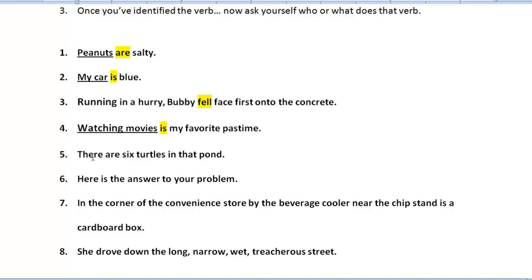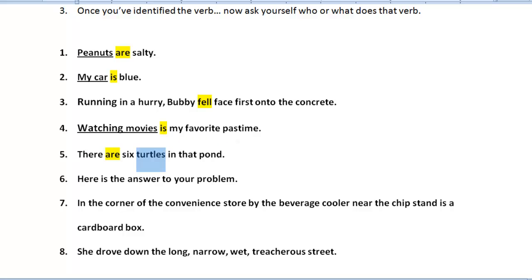FYI, the word there and the word here will never be a subject in a sentence. So if a sentence starts with one of those two words, don't grab it and say, well, there's the subject, because it comes early. Let's do our little test about verbs first. There are 6 turtles in that pond. There were 6 turtles in that pond. When we change the tense, the word that changes is the verb. Now, what are? The turtles are.